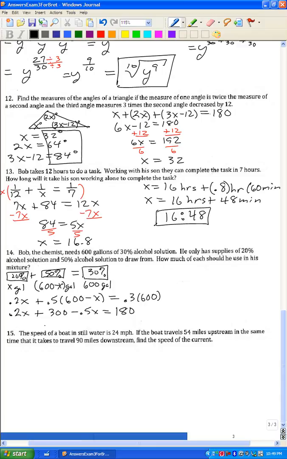0.2 minus 0.5 is negative 0.3. Subtract 300 from both sides. And so I get negative 0.3x is equal to negative 120.